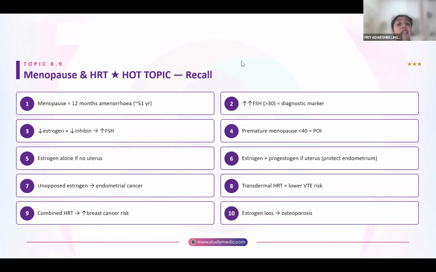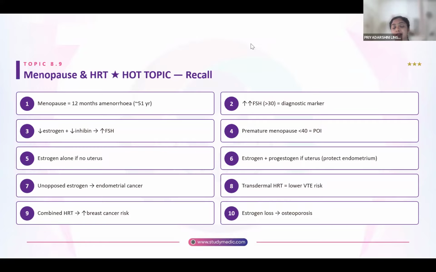Coming to the risks of hormone replacement therapy, the transdermal route you can use to lower your risk of VTE. Venous thromboembolism is one of the deadly things that we see with HRT use. So be very careful. How can you avoid it? You can avoid it by avoiding oral hormone replacement therapy, and you can go in for the transdermal route of hormone replacement therapy. Another thing is breast cancer risk.